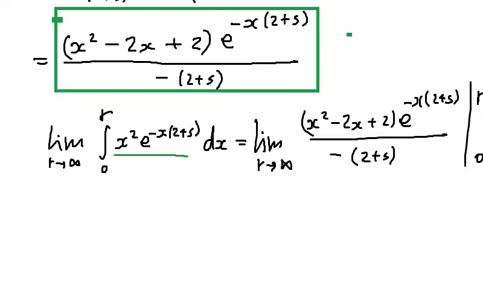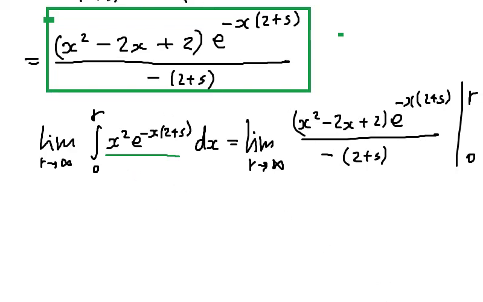So at this point, the limit stays intact, the limit part of the expression, and so putting r and 0. But now the question is where, in the s or in the x? And of course in the x, because we were integrating by the variable x all the time.